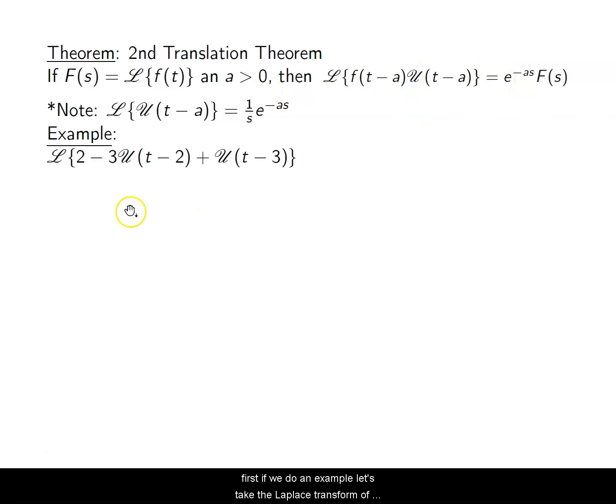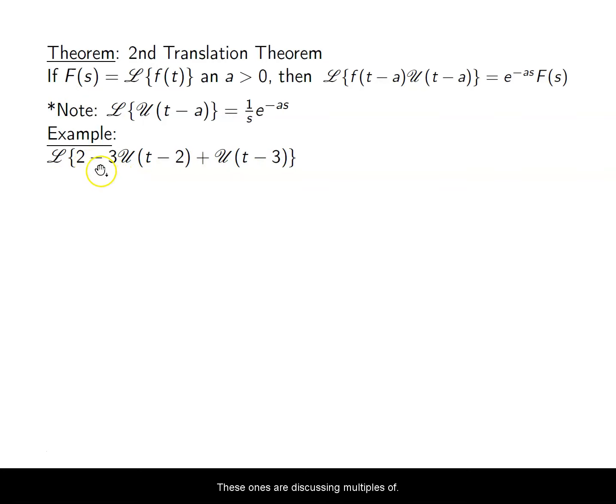If we do an example, let's take the Laplace transform of the function that I showed you the graph of, right? So these ones are just constant multiples of the Heaviside function, so that's a little bit easy. So I'm going to get 2 times the Laplace transform of a constant 1, which is easy to do, 1 over s.